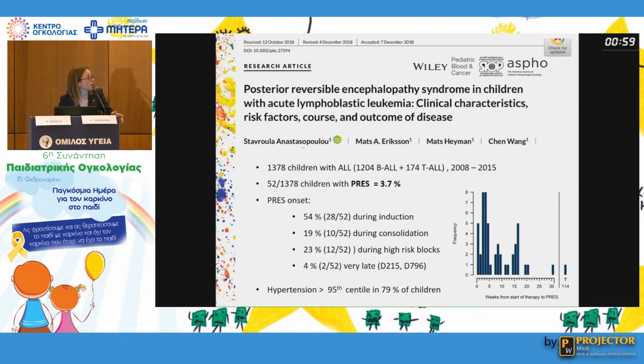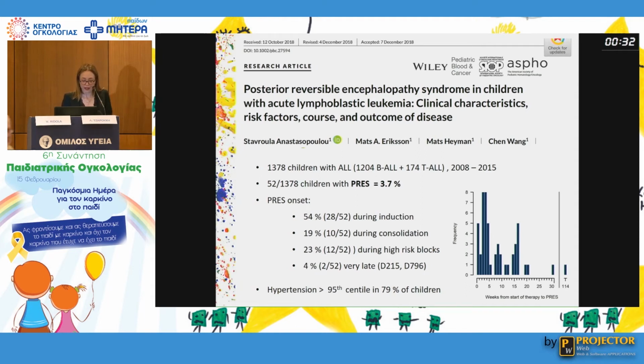Now, the result of the study from the Scandinavian group, which focused on PRES in children treated for acute lymphoblastic leukemia. Out of 1,378 children, they had 52 cases of PRES, accounting for 3.7% of children.